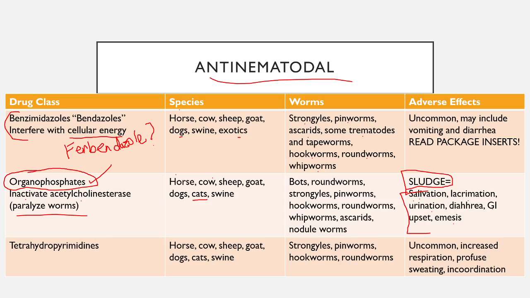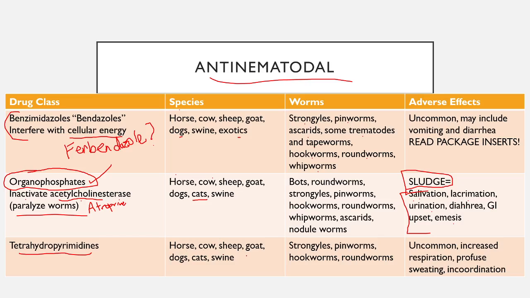They're an indirect acting acetylcholine drug. So if it's a cholinergic, our antidote is going to be something like an anticholinergic. So atropine or pralidoxime. Okay? So you have to put these connections together as you go through these.